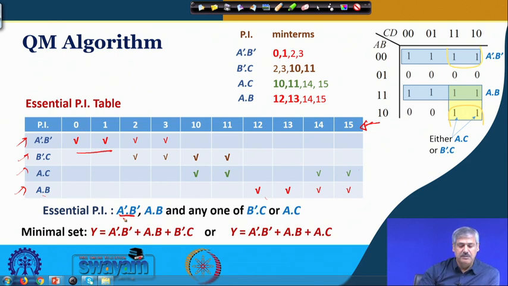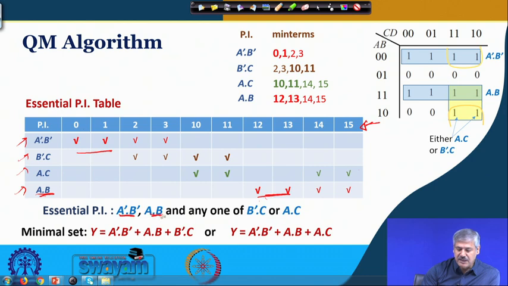Understand this point? Because if it is not considered, then min terms 0 and 1 will not be covered. In the same way, 12 and 13 are covered only by AB and not by any other prime implicants. So, AB is also an essential prime implicant.